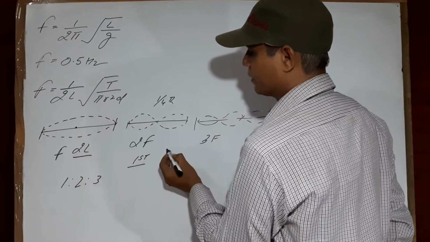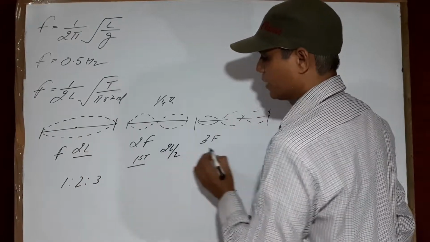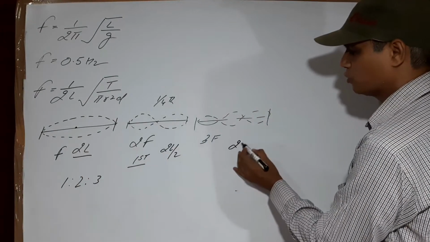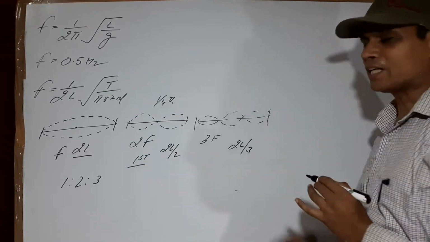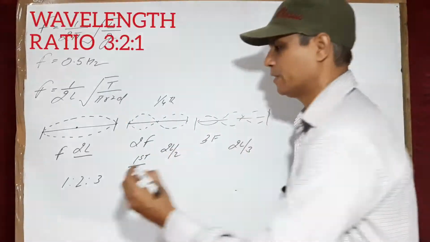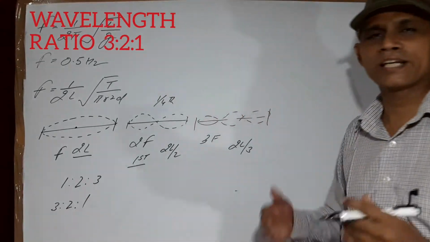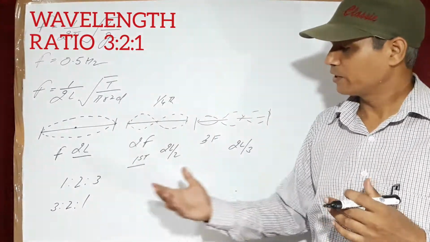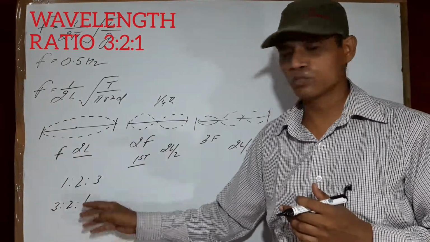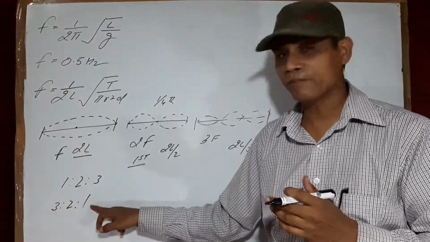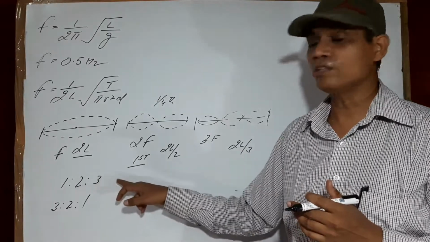Here you will be having the wavelength 2L/2. Here you will be having the wavelength 2L/3. That means the ratio of the wavelength will be 3:2:1. So this is the ratio of the wavelength, and this is the ratio of the frequency.